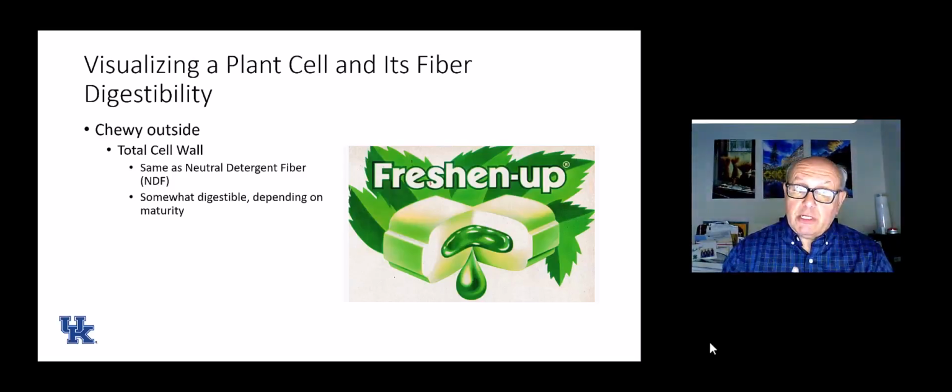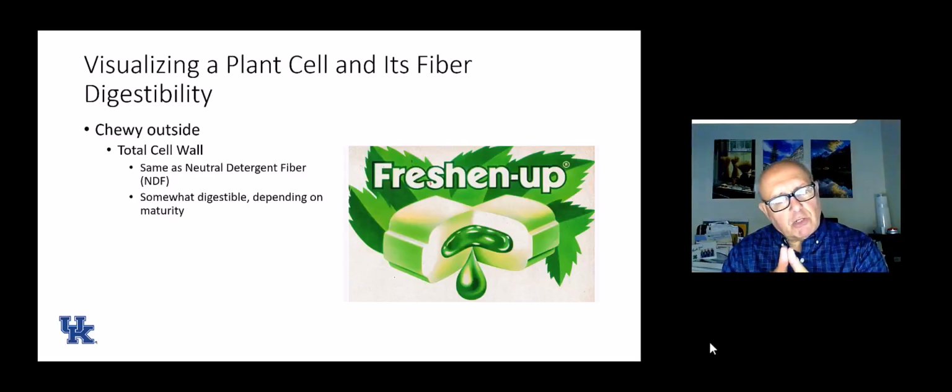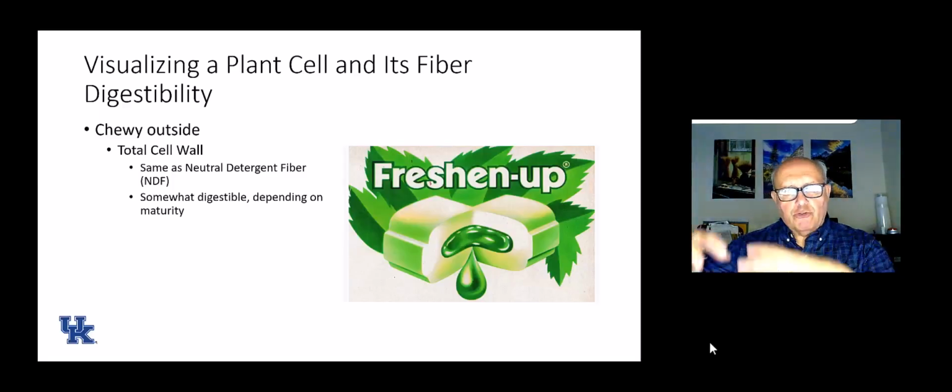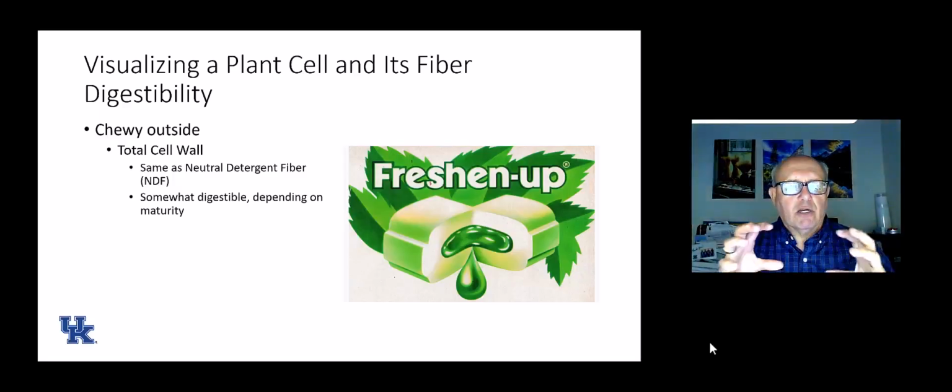It is somewhat digestible depending on maturity. And to me, this is one of the most difficult concepts to understand. We kind of understand the difference between sugar water and shredded wheat, and I'll use that analogy a bit in a second. But the chewy outside is like the cell wall.